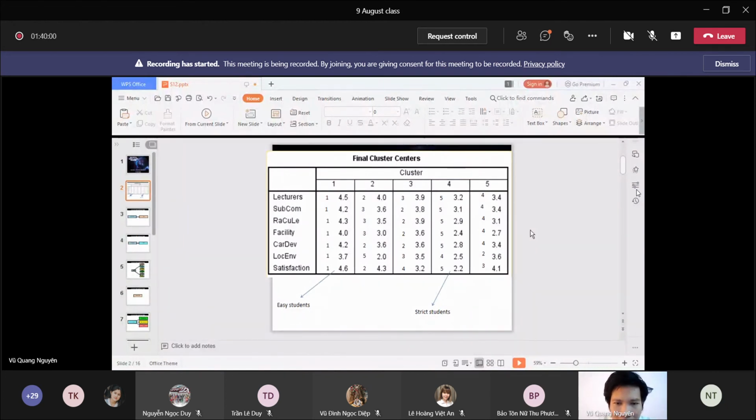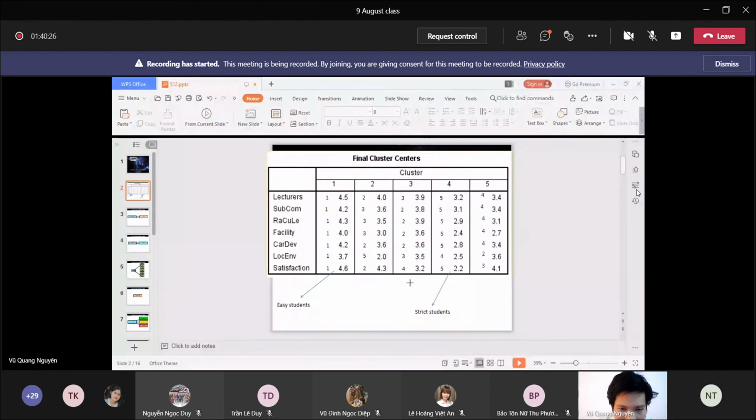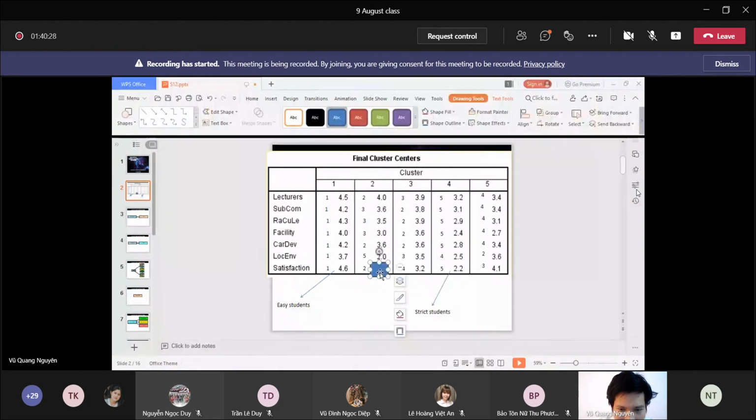What about cluster 2 here? Cluster 2, cluster 3, and cluster 5. I will compare them together. We will not talk about cluster 1 and cluster 4 anymore. So let's talk about cluster 2 first. Now look at cluster 2 and spot something there. You can see that their satisfaction is very much okay.